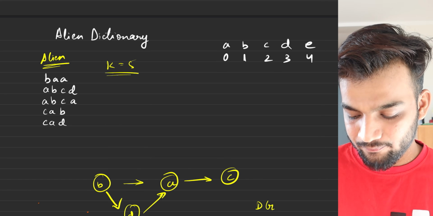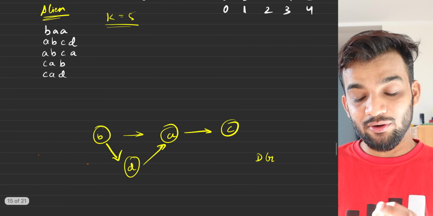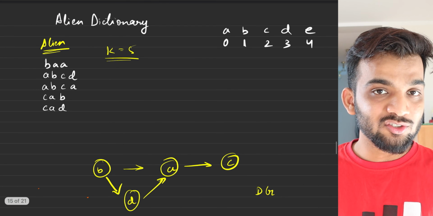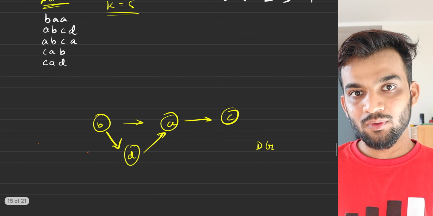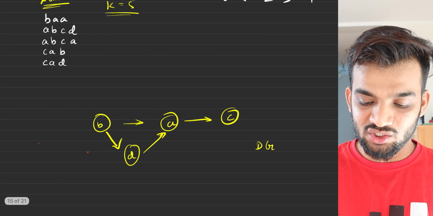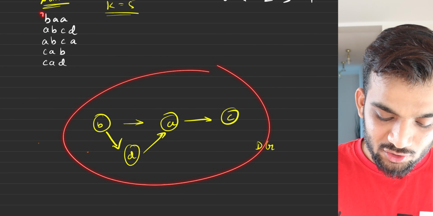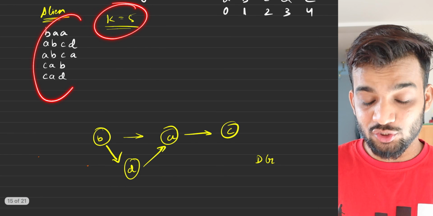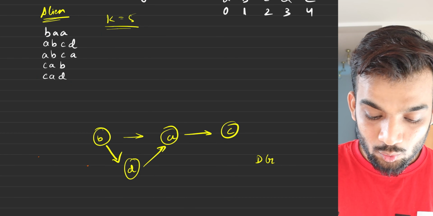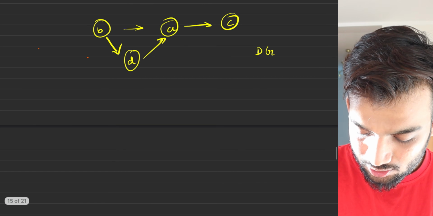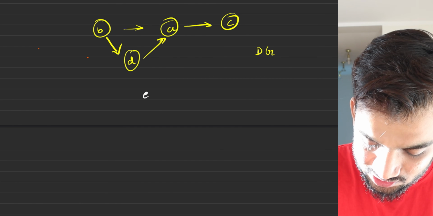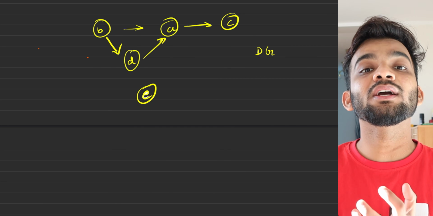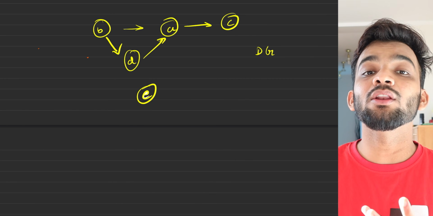So where does that E lie in this DG? We do not have a mention of E, but the alphabet has 5 letters. In that case, we can consider E to be a single node in the DG.